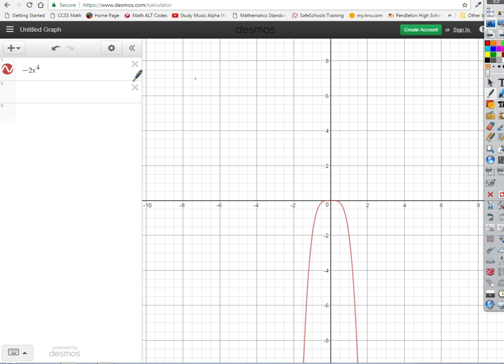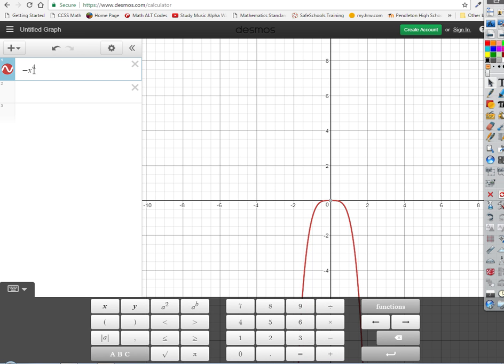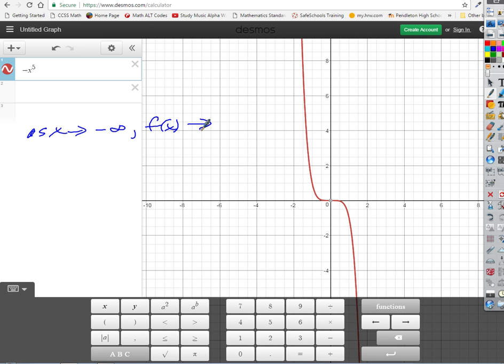Let's try -x to the fifth. Okay, does that make sense? Somebody explain to me, why is it that as x approaches negative infinity, f of x approaches positive infinity?